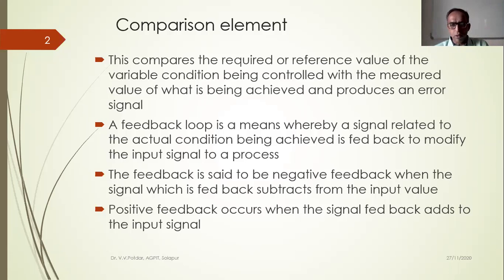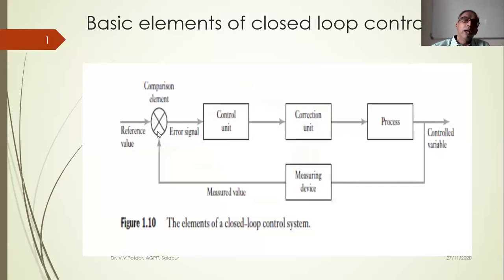The feedback is said to be negative feedback when the signal which is fed back subtracts from the input value. Now this is very important. What is negative feedback and what is positive feedback? At the summing point, as you can see here, either I can have a plus sign or I can have a negative sign. So there is plus here, and plus or minus here.